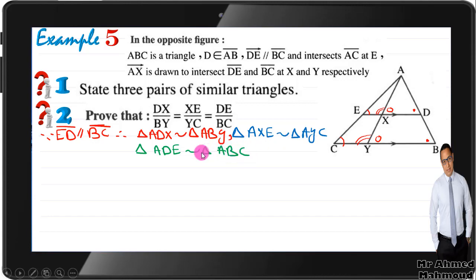Okay, now we have three pairs of similar triangles. Now I need to conclude this equation.